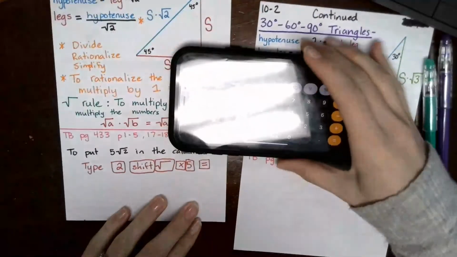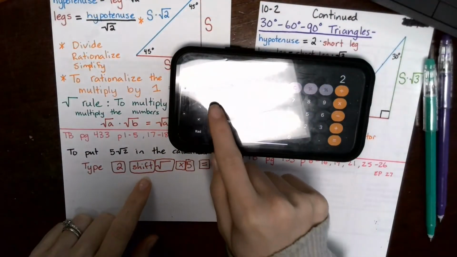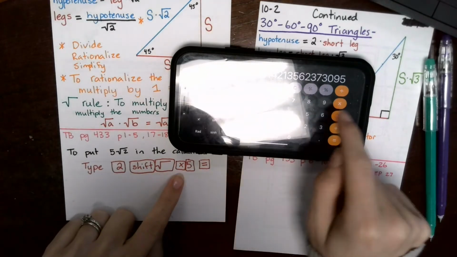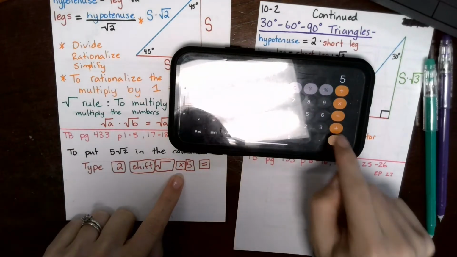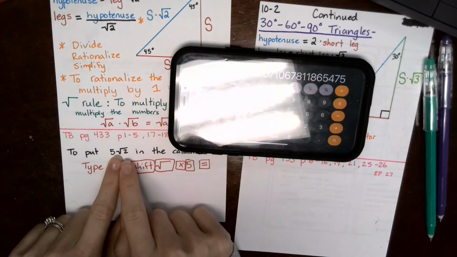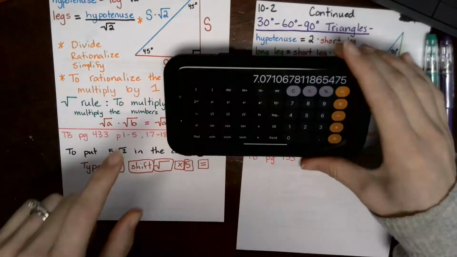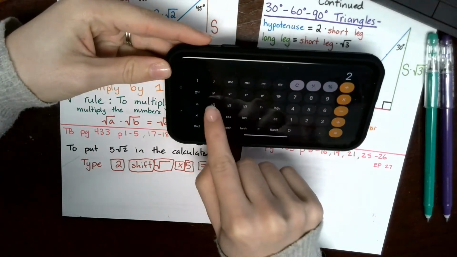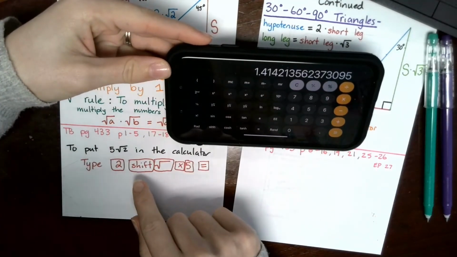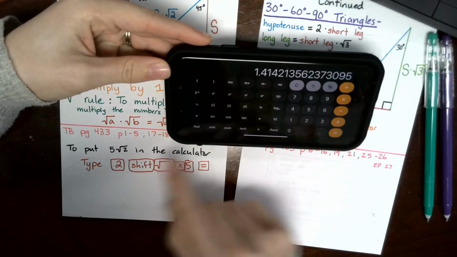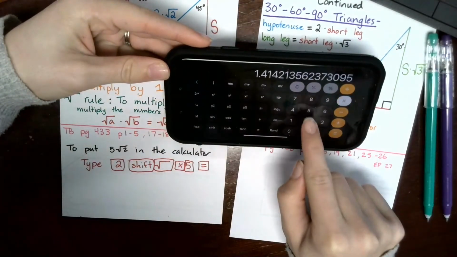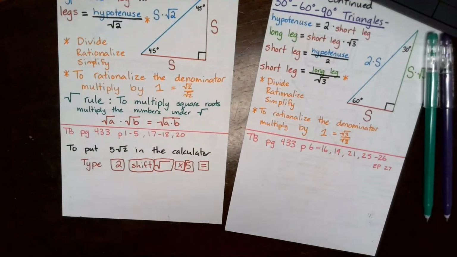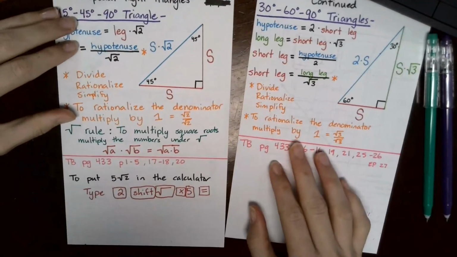So I would do 2 square root times 5 equals. So that's what 5 square root 2 would equal. Let me show you that one more time. So I did 2 square root, you don't have to press shift on the phone calculator, that's for the in-class calculators, times 5. Okay?